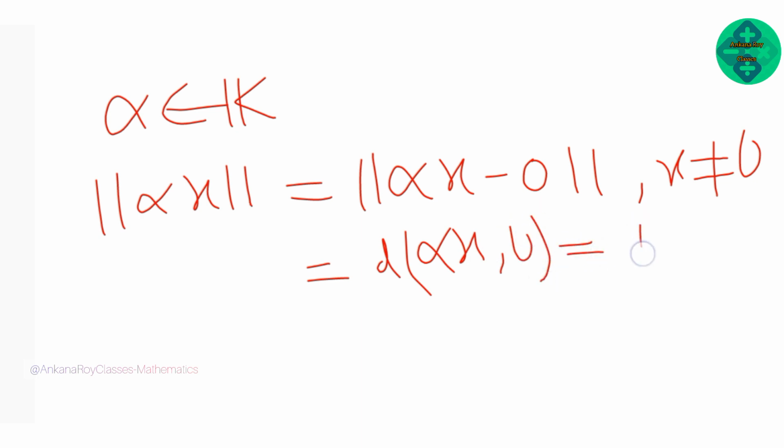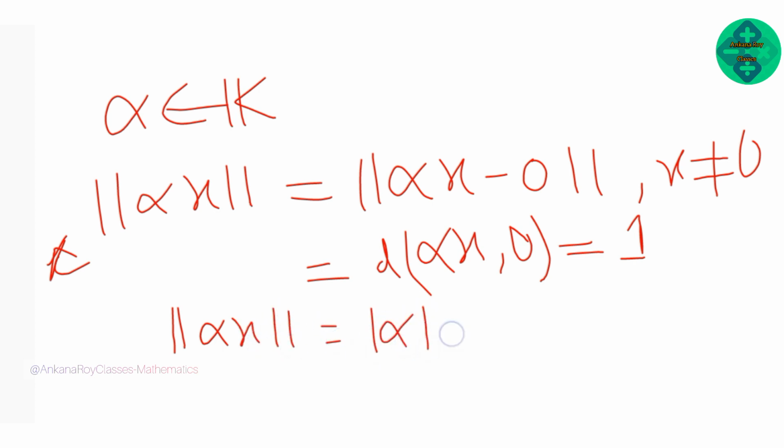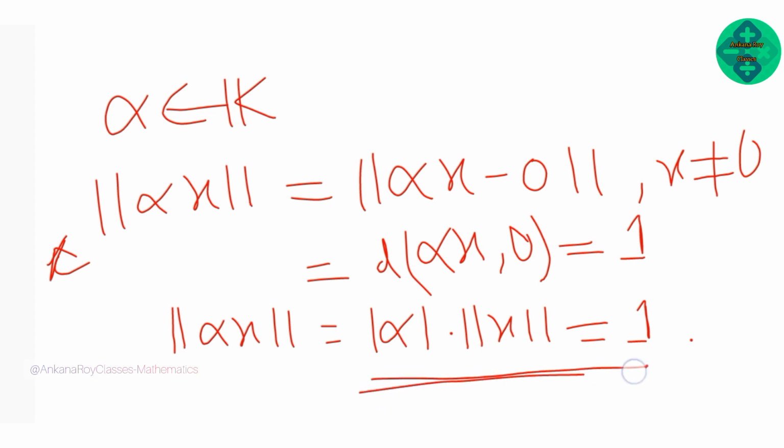This is equal to 1. If we assume that this is a norm, then norm alpha x is equal to mod alpha into norm x. But if we increase the value of alpha, then this equation is not always satisfied. So our assumption is wrong.